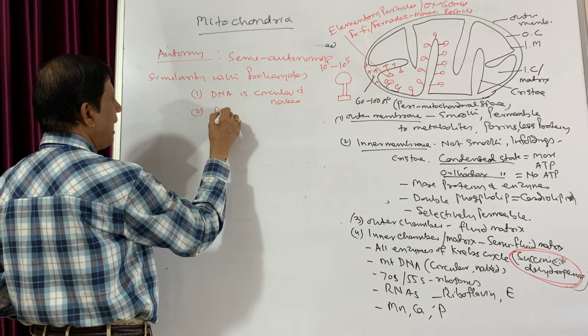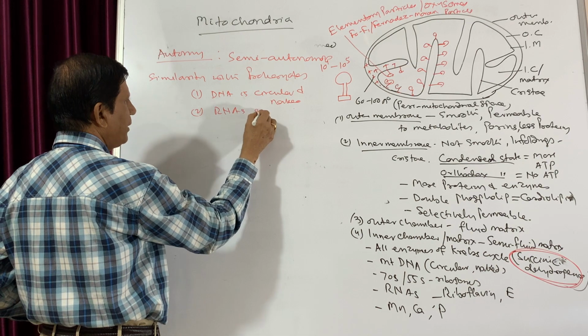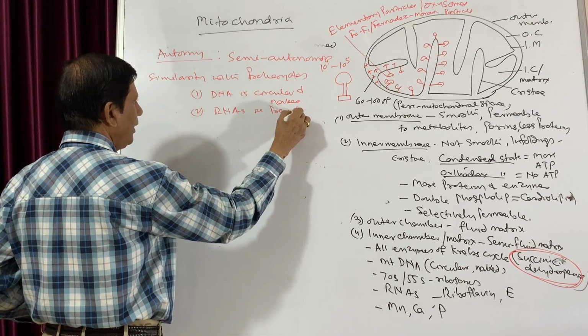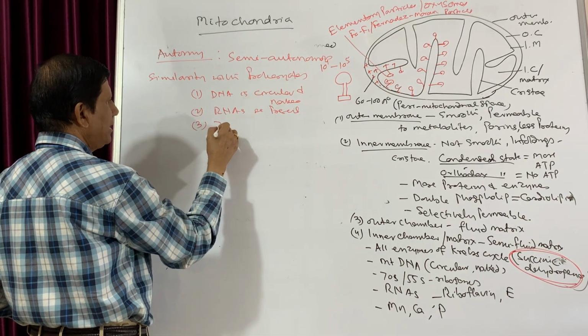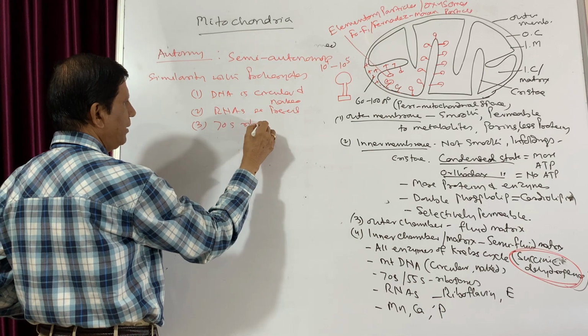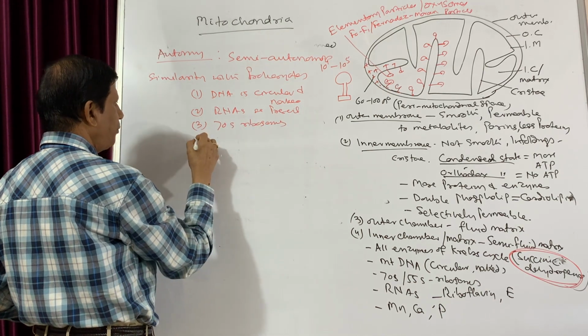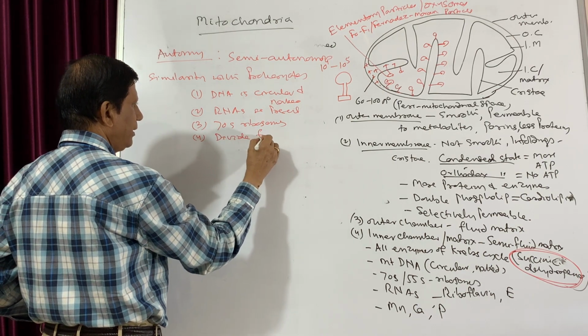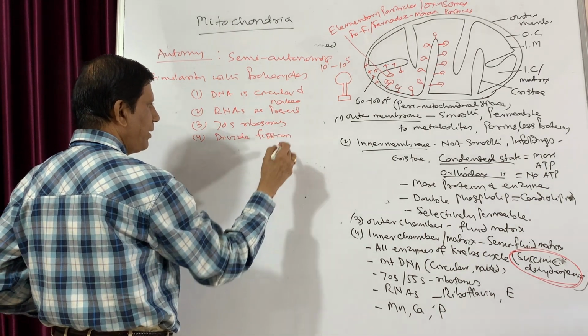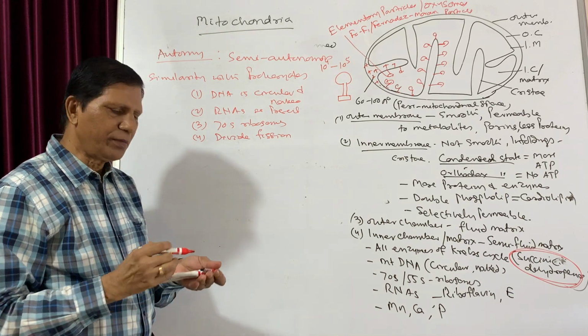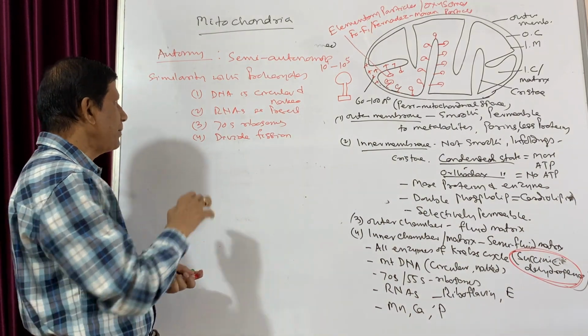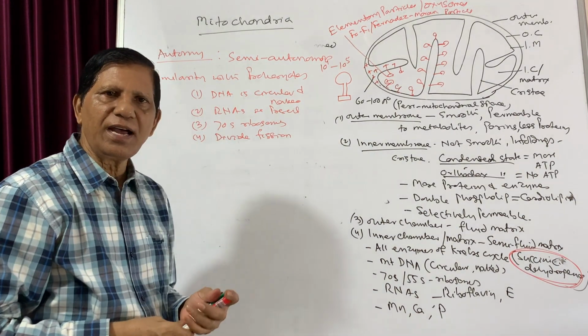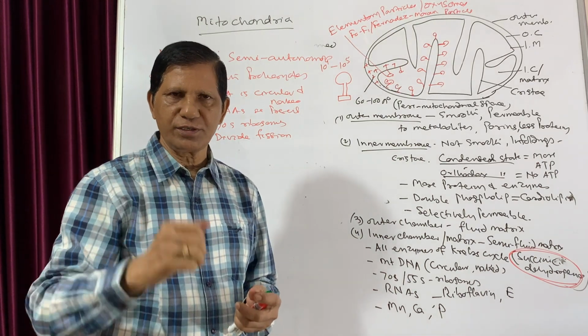Then RNAs are present. Then the third one, the 70S ribosomes are present. And the fourth one is both of them divide by fission. The mitochondria also divide by fission, and also the prokaryote divides by fission. That means these characters of mitochondria are similar to those of the prokaryotes.